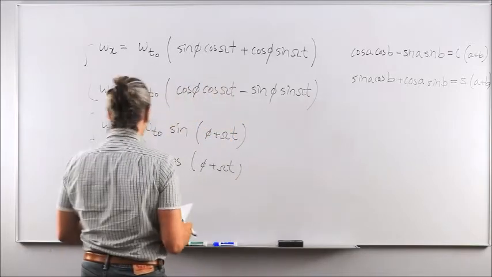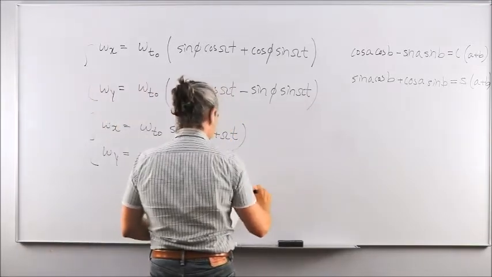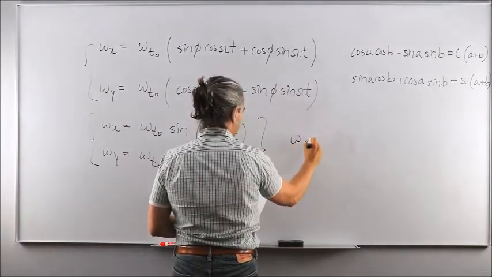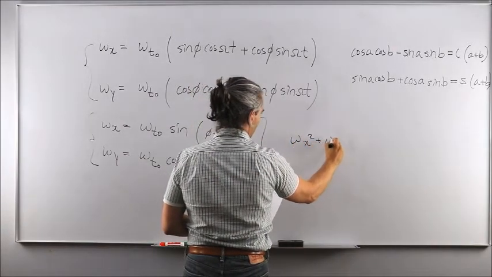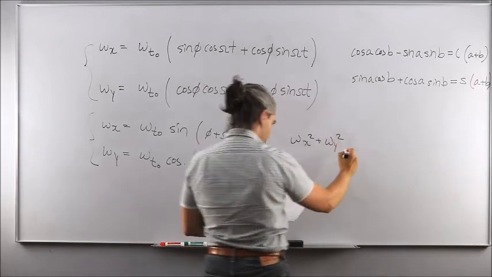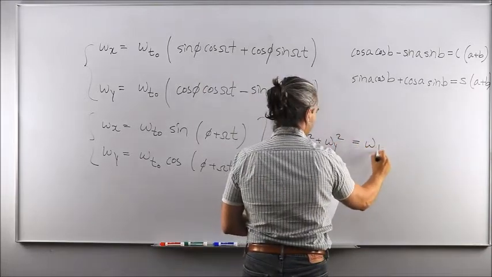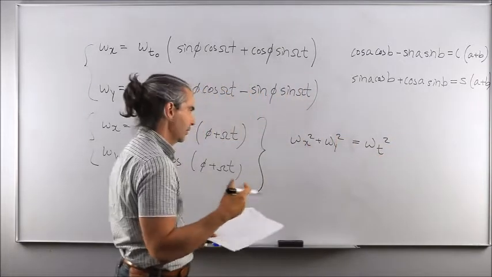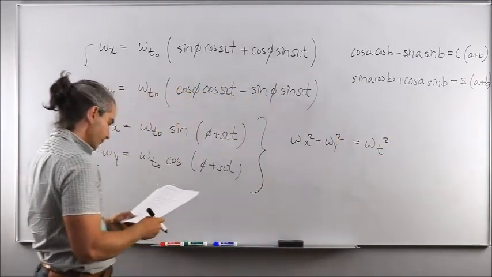All right, let's keep going a little bit further. And let's make use of the fact here that omega x squared plus omega y squared is actually equal to the transverse angular velocity squared from the previous definition of the transverse velocity. Okay?